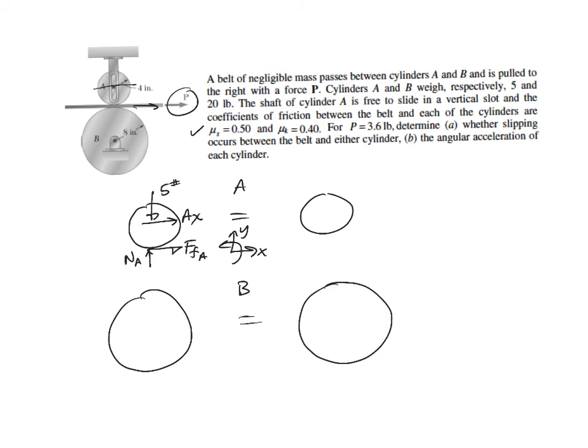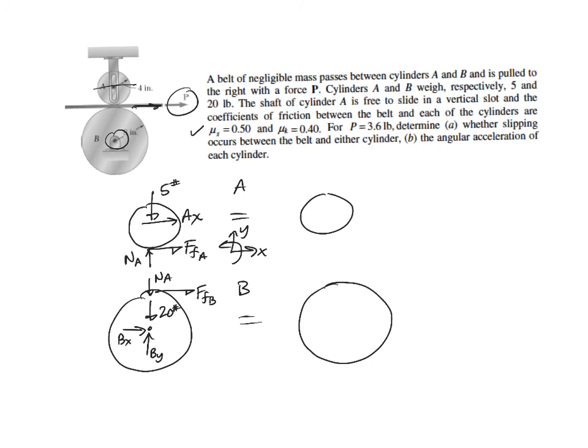On B, we're going to have pushing down, equal and opposite of the normal force. Again, the belt, as it gets pulled through, is going to apply a force of friction to B. We're going to have the weight, which is 20 pounds, and then some reactions to the pin right there at B. We can call that BY and BX.